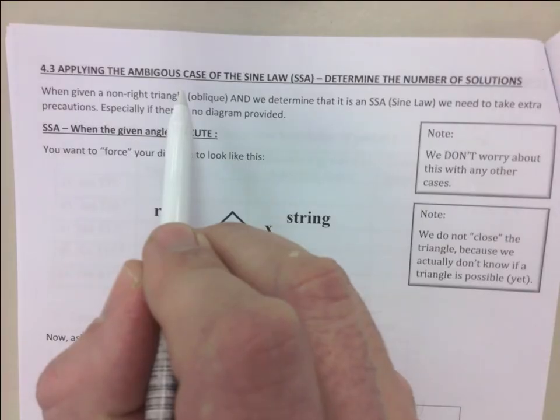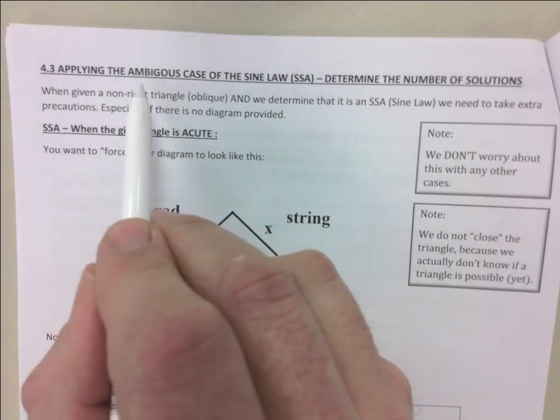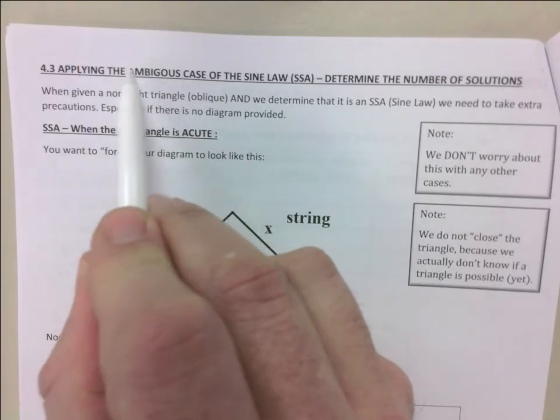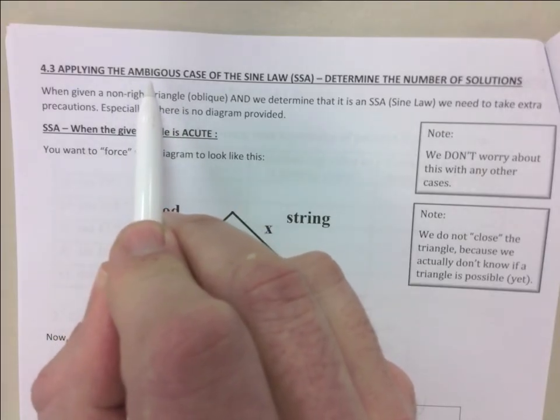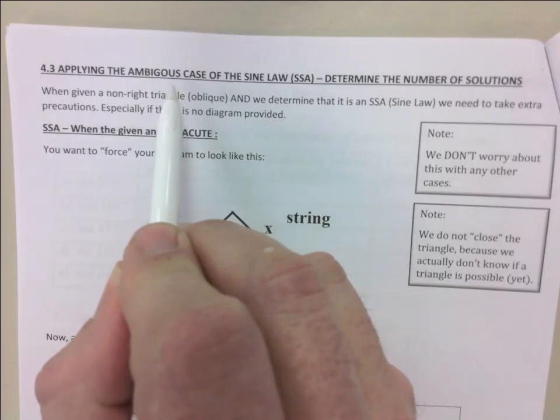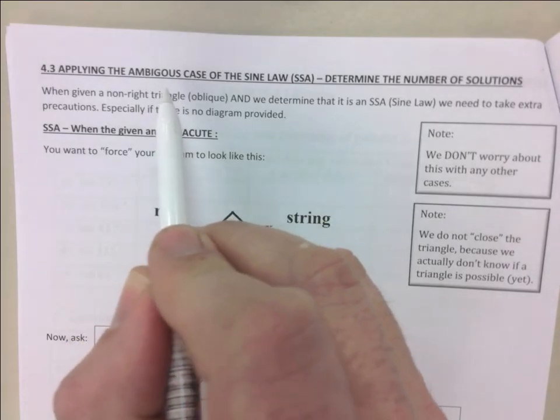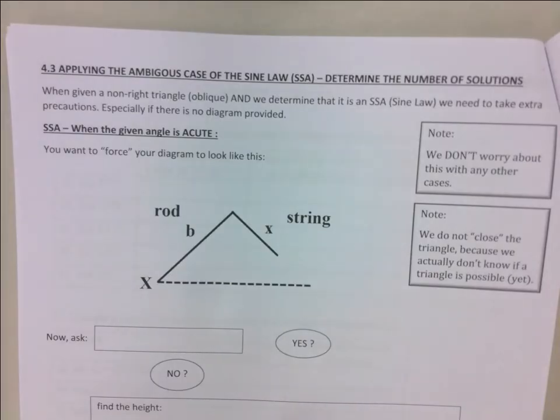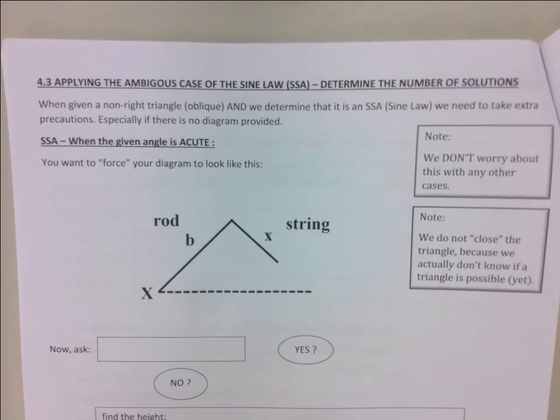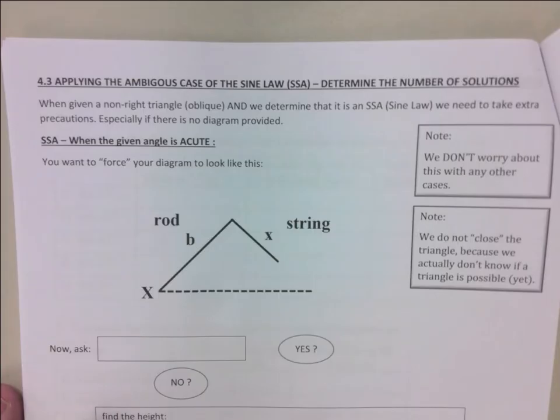If somebody's ambiguous, they're not being clear enough to you. Like, what do you really mean with that? That's why we call this case the ambiguous case of the sine law. Only sine law has a problem with knowing how many triangles are possible.